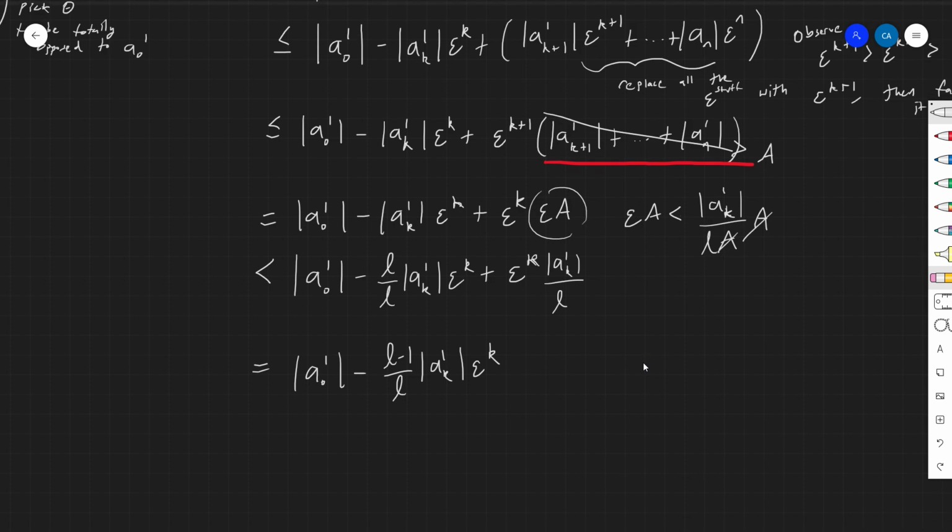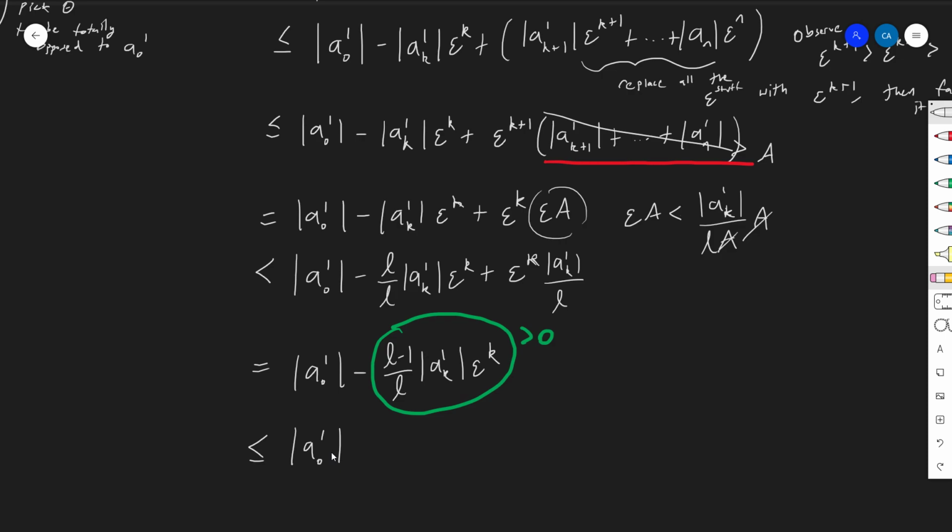Okay. Now, what's important about this? What's important about this is the thing that I haven't said this whole time, the key, which is, there's two things to observe. One, is that this thing is greater than 0. And so I'm subtracting something positive off from this, and so it's smaller. And so this is less than or equal to just a0 prime by itself.